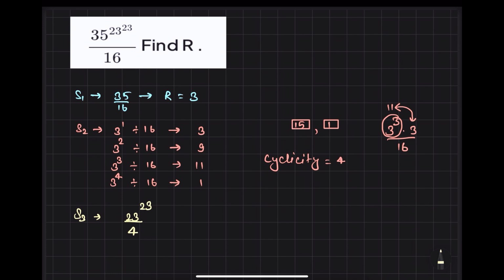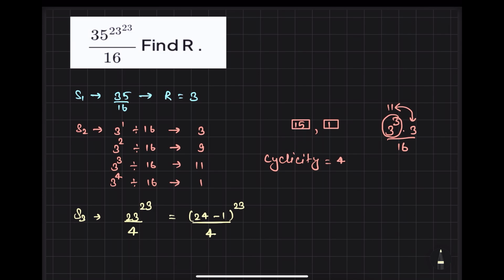Okay. Now you know that here numerator is bigger than the denominator. So we have to get closer to 4. So you know that if you start the table of 4, try to get closer to 23. So it is 24, right? So can I write 24 minus 1 power 23? Correct?